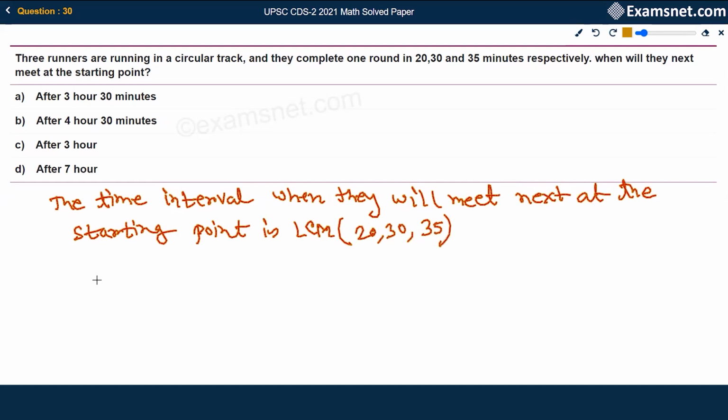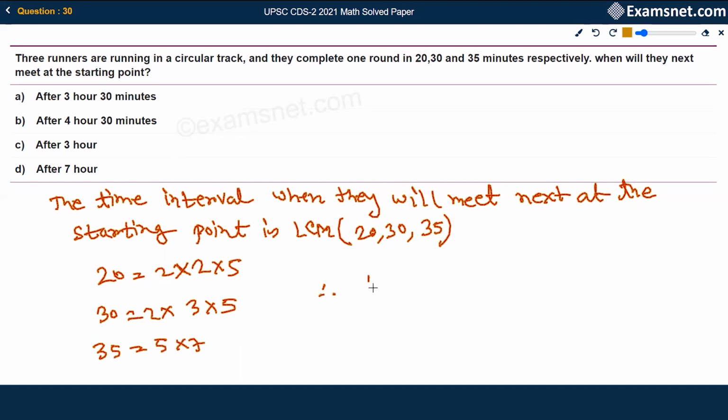So we will find the prime factorization of 20, 30 and 35. So 20 is 2 multiplied by 2 multiplied by 5, next 30 is 2, 3, 5 and 35 is 5 multiplied by 7. So therefore the LCM is 2 square, 3, 5 and 7.